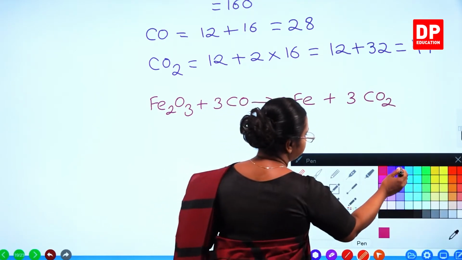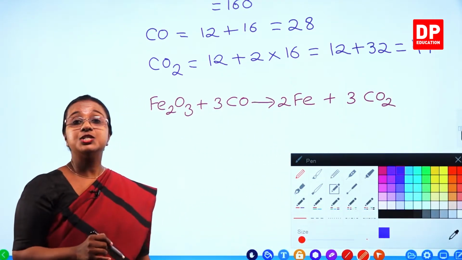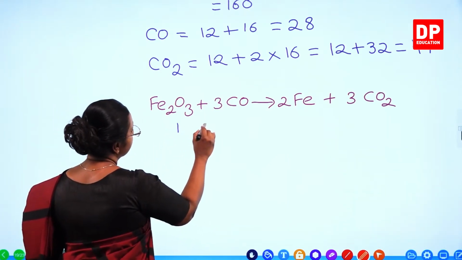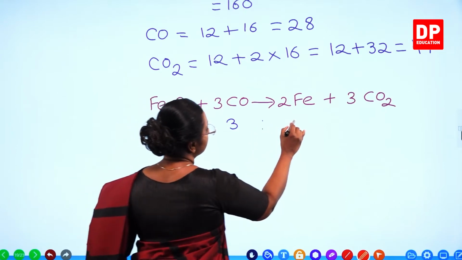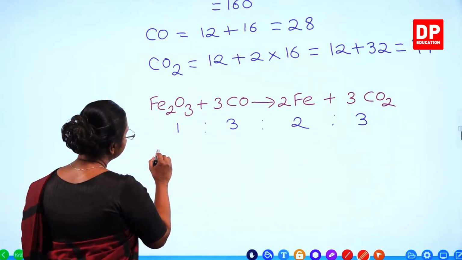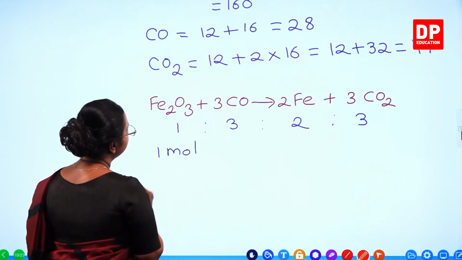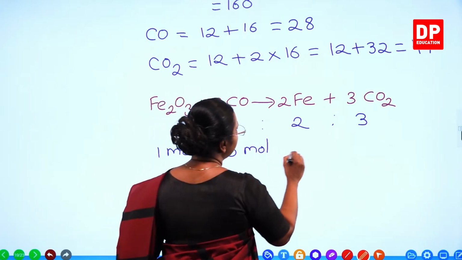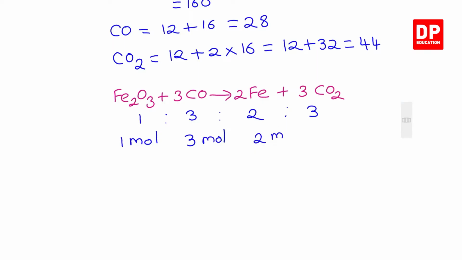In this, if we take the ratio between the reactants and products, you all know this is 1:3:2:3. That means if we use 1 mole of Fe2O3, we need 3 moles of carbon monoxide, and we get 2 moles of iron plus 3 moles of CO2.